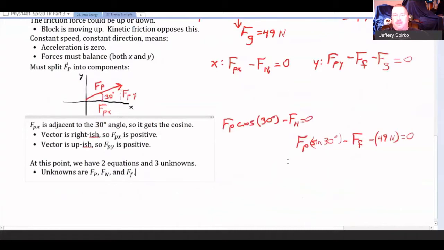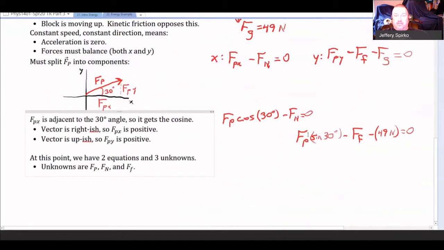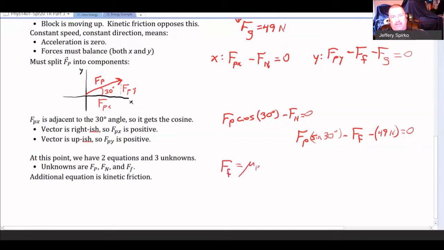Now I need to figure out how to get from 3 variables down to 2 because I only have 2 equations. And then what equation am I going to use in order to figure out one more link? The additional equation is the kinetic friction. So we're going to have force of friction is equal to mu kinetic times the normal force.